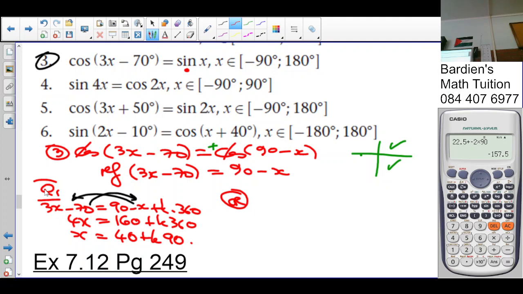Yes. Let's go with quadrant 4. How do you get quadrant 4? 360 minus (90 minus x) plus k times 360.